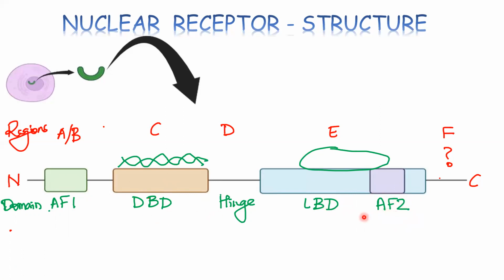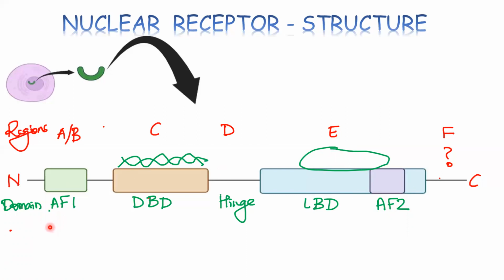Why is there a difference? LBD is the ligand binding domain, so whatever functions need to be activated, those co-regulatory molecules will be activated or recruited by AF2. It is very much dependent on the binding of the ligand.